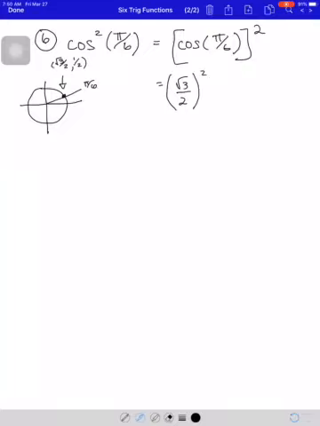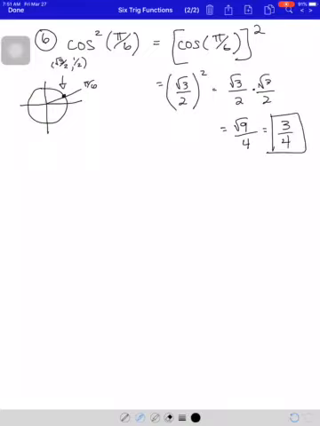And then we're just going to square it. So let's see, to square it, that just means we're multiplying it by itself, right? So root 3 over 2 times root 3 over 2, which gives us, in the numerator, square root of 9. In the denominator, 2 times 2 is 4. And what we end up with is 3/4. And there we go.